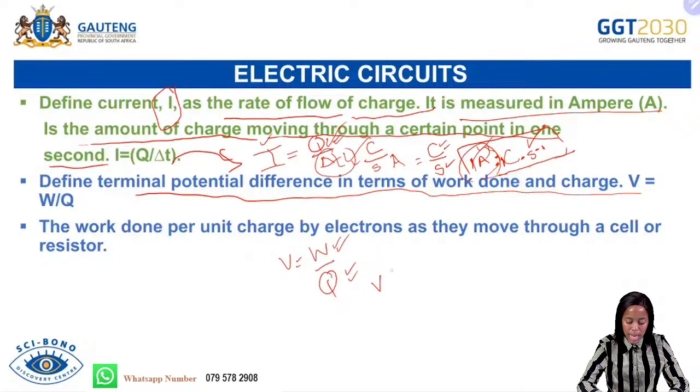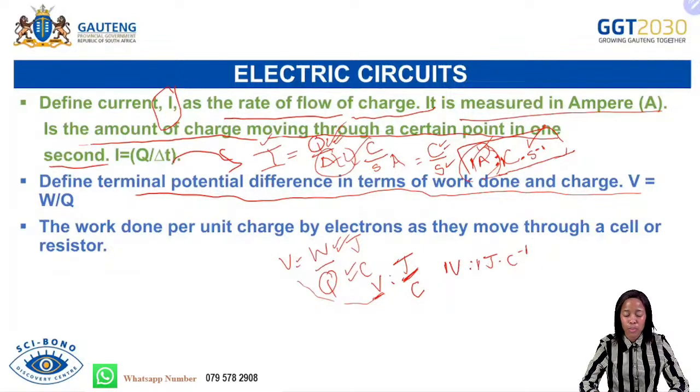And the work done is measured in joules, and the charge is measured in coulomb, which is a capital letter C. So it means that V, which is there for the potential difference, is equivalent to joule per coulomb. So if they ask you in the examinations, you would say that 1 volt is equivalent to 1 joule per coulomb.